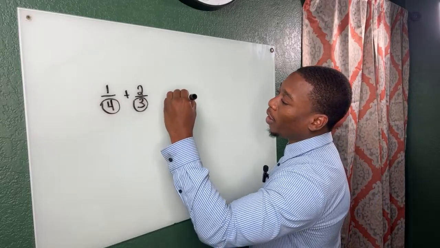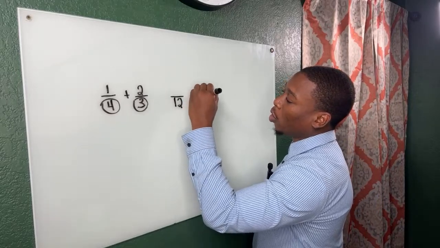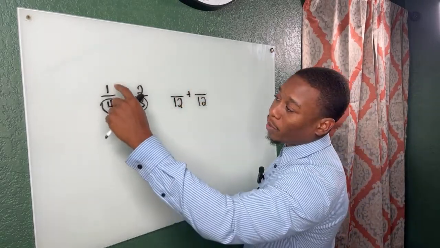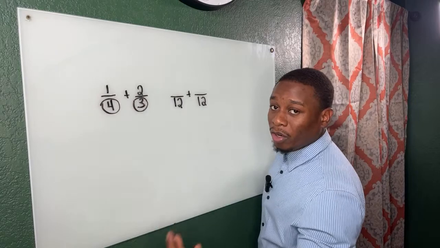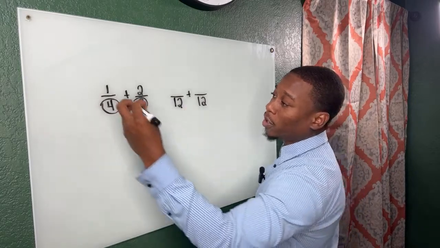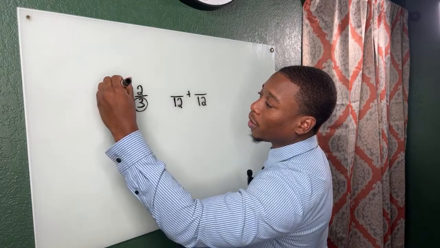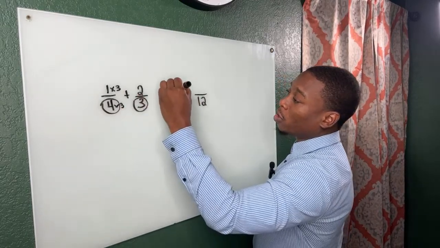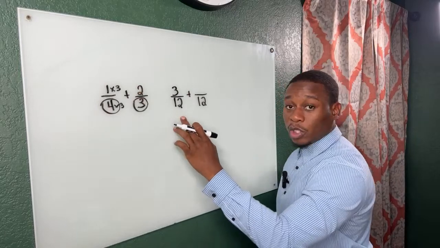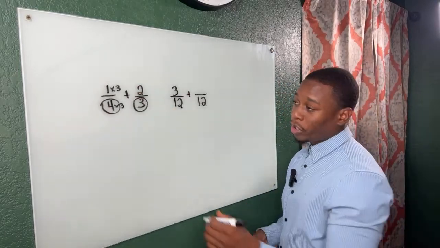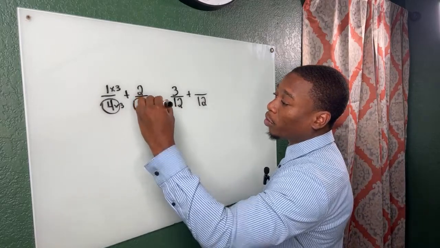So when I rewrite my fractions with a denominator of 12, I would now go back and multiply the top and bottom by whatever number will give me 12. So I multiply 4 times 3 to get 12, and I'm going to do the same thing to the top part of the fraction. So 1/4 now turns into 3/12. Now, when we do the same thing for 2 over 3, I know 3 times 4 gives me 12.